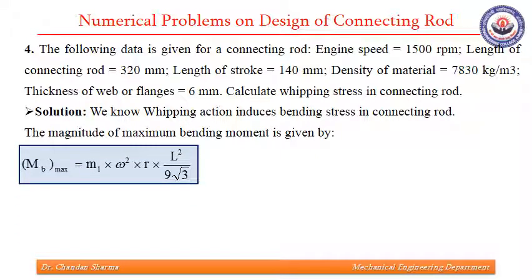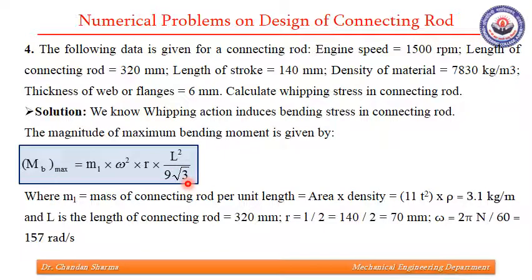We have learned that magnitude of maximum bending moment for whipping action is given by this equation, where m1 into omega square r l square by 9 root 3. m1 is mass of connecting rod per unit length, and to find the same we have been given density of connecting rod material, and area for the standard cross section we know as 11t square.